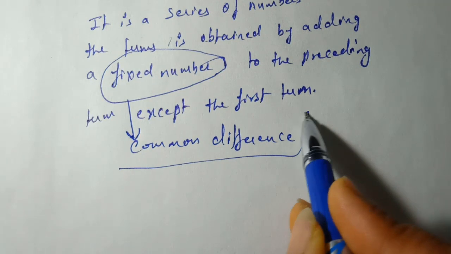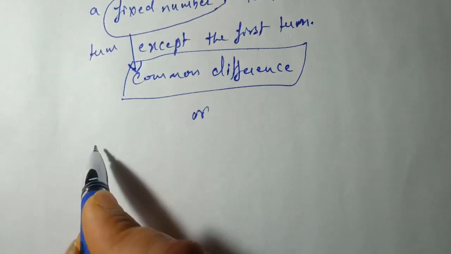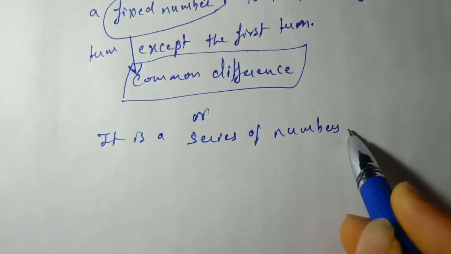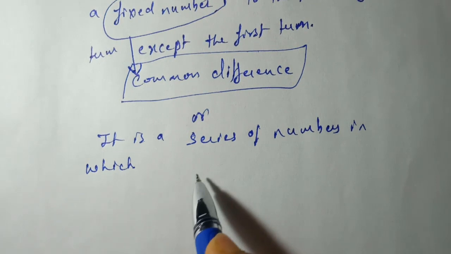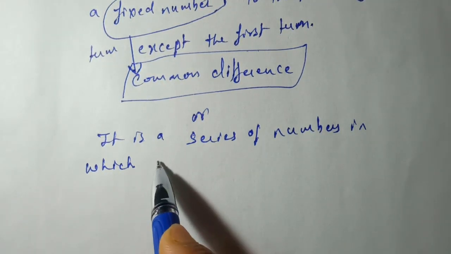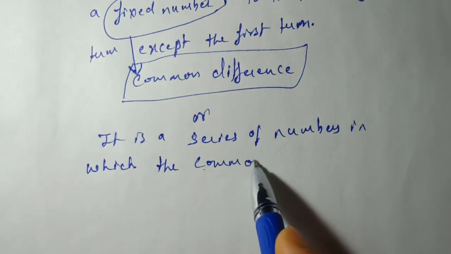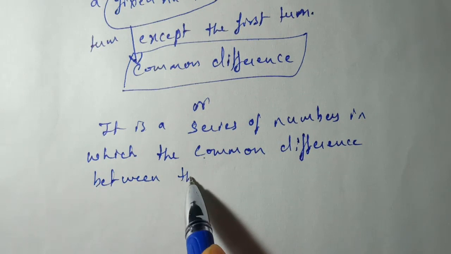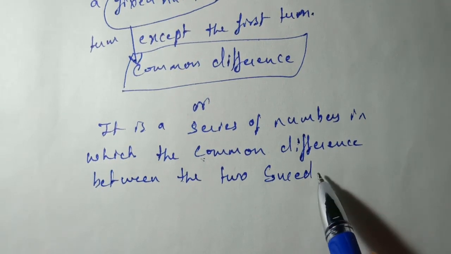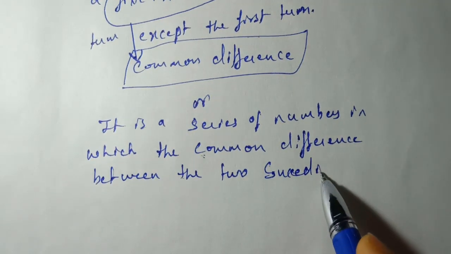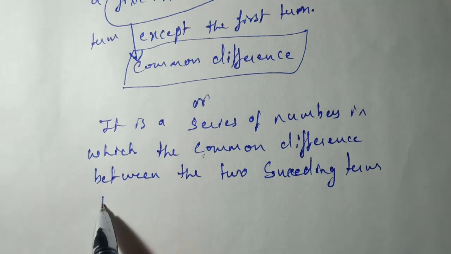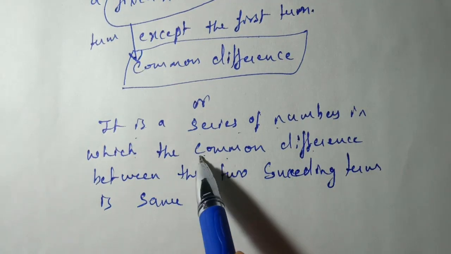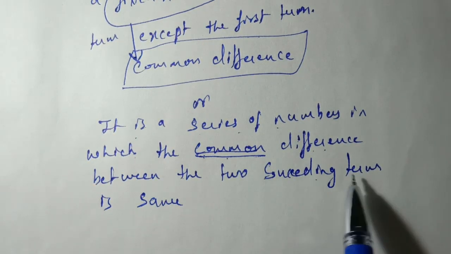So we can also define arithmetic progression as a series of numbers in which the difference between two succeeding terms is the same, or common.